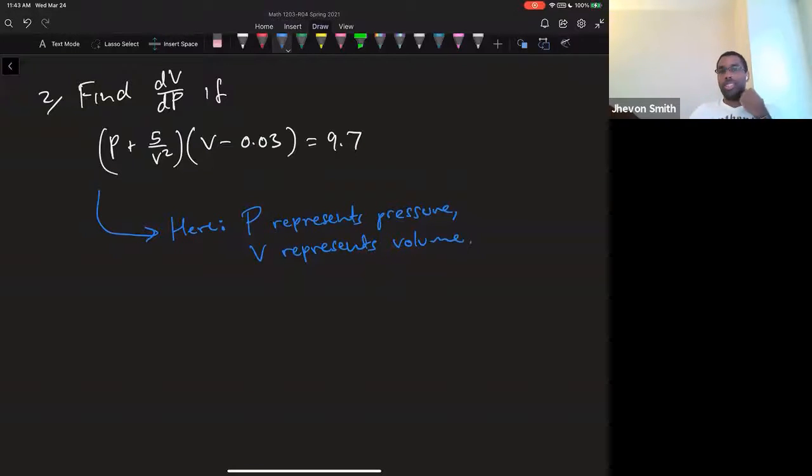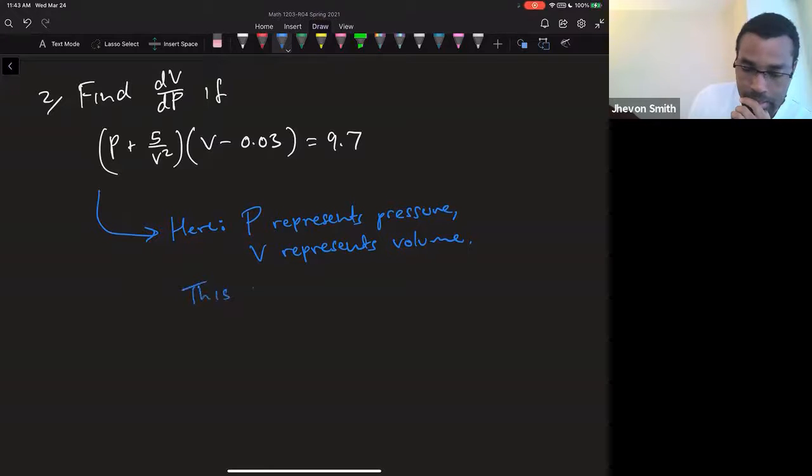Does that strike a bell? I don't really know what other classes you guys have taken already, but this is actually an expression from chemistry. So it's not just a randomly made up example. It's like an actual thing, an actual equation.